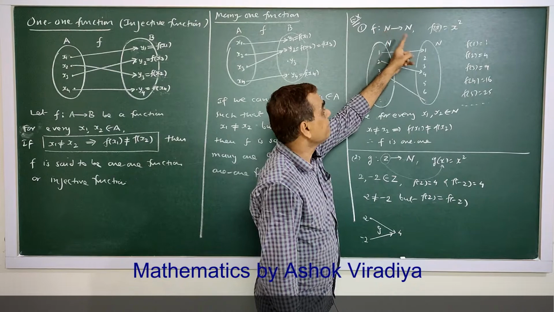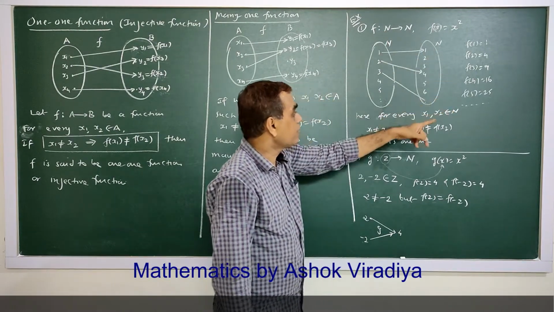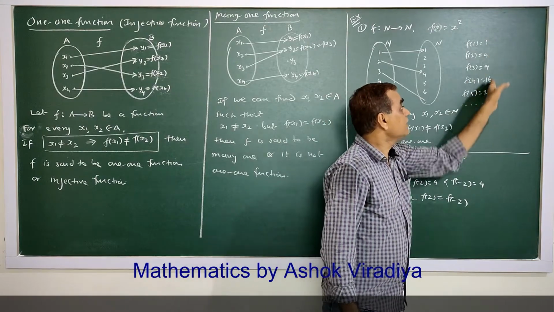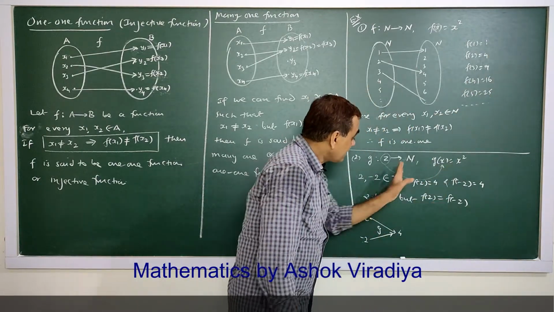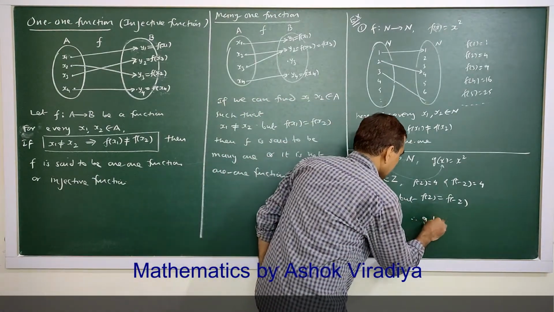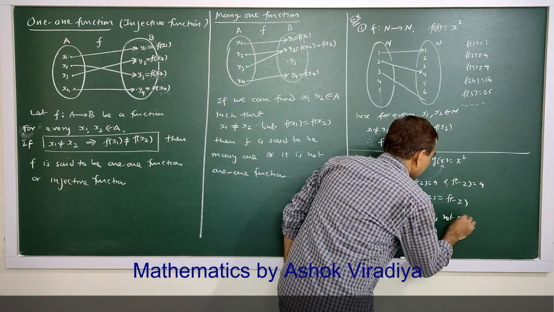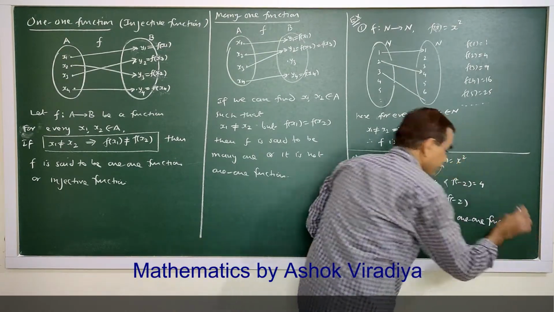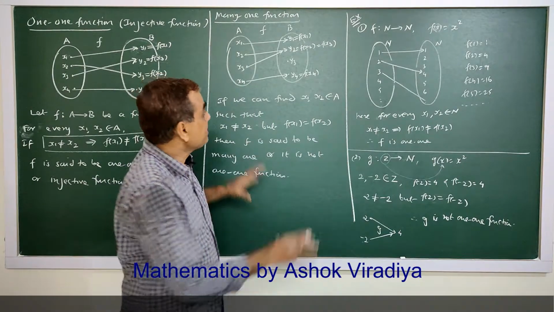So negative input is not allowed here. Take only positive inputs, positive integers. That's why here there is no repetition, and here there are repetitions. So this function g is not a 1-1 function, or it is not an injective function. So that is the meaning of a 1-1 function.